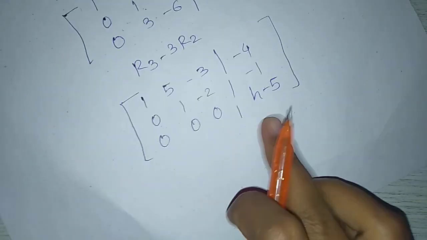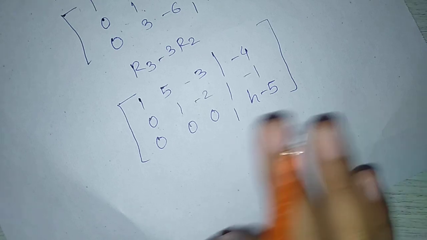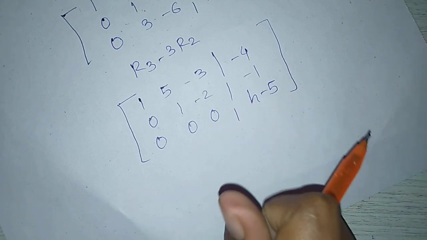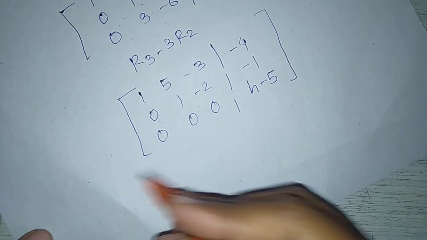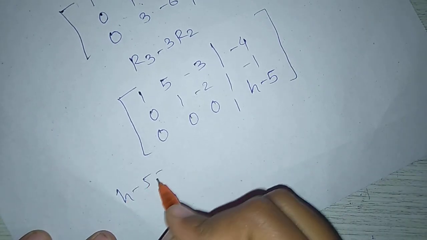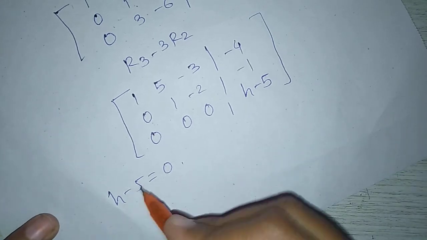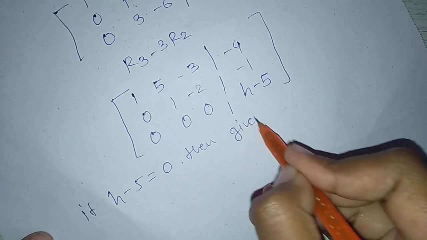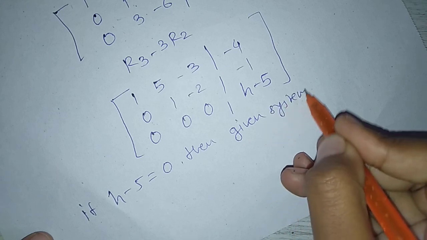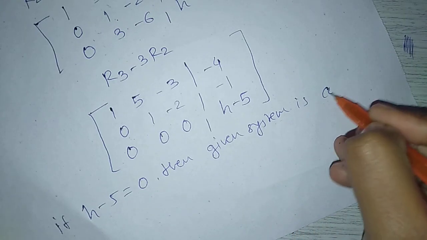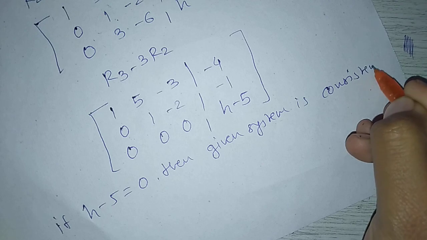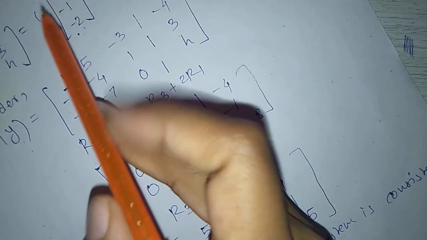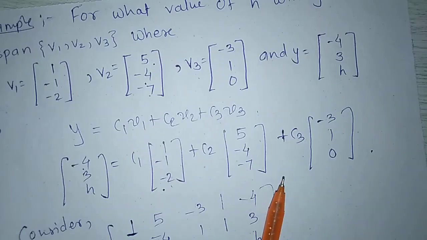Here, if H minus 5 equals 0, then the given system is consistent, otherwise it is inconsistent. So if H minus 5 equals 0, then the given system is consistent. Consistent means there exists a solution, that is, values of C1, C2 and C3 exist.